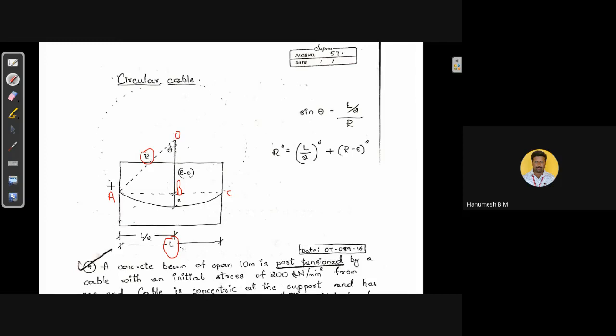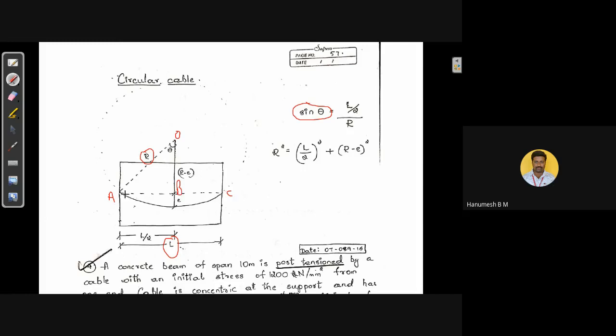Now consider this triangle OAB. We can define sine theta as opposite by hypotenuse side. Now theta is here, at the O. The opposite side will be this AB side.